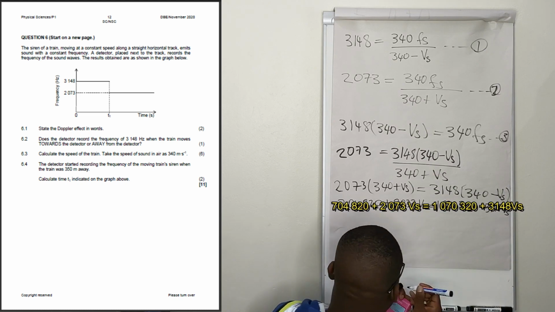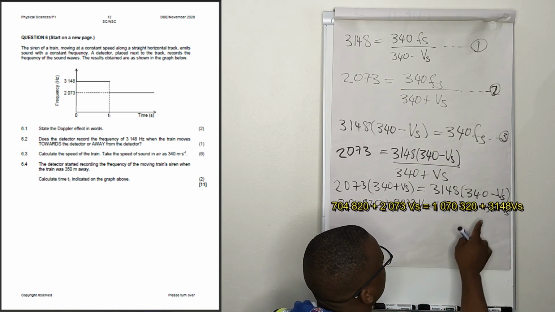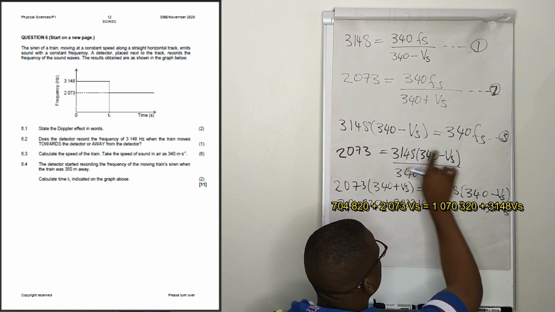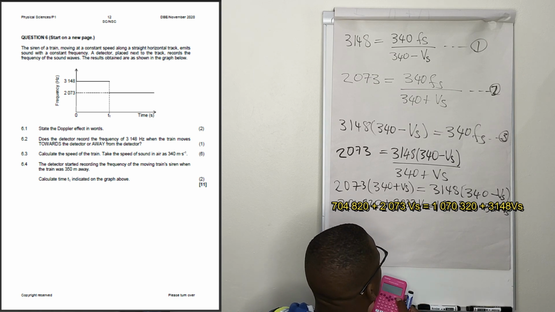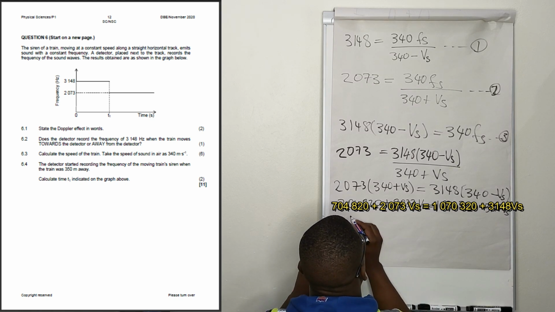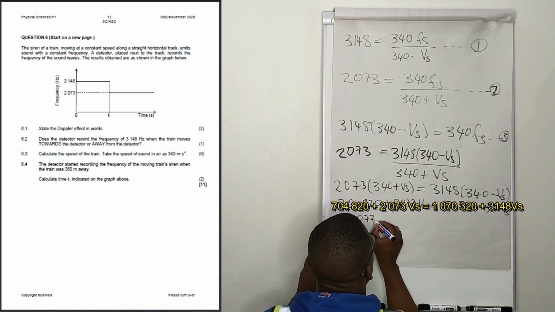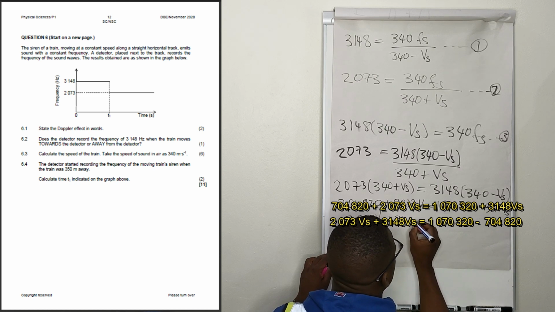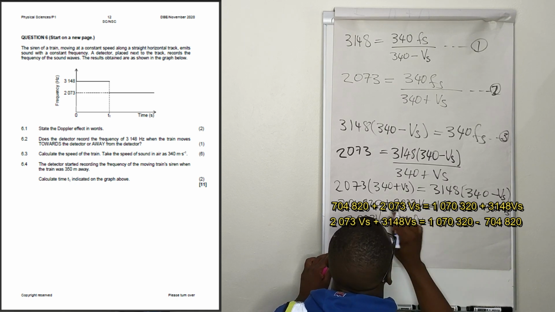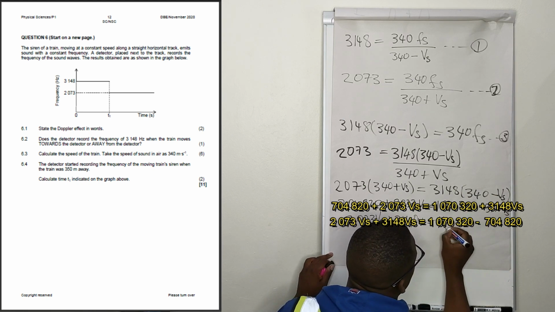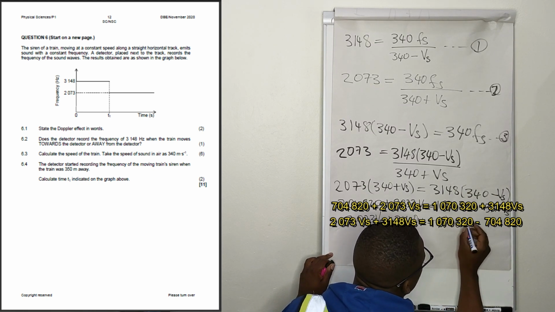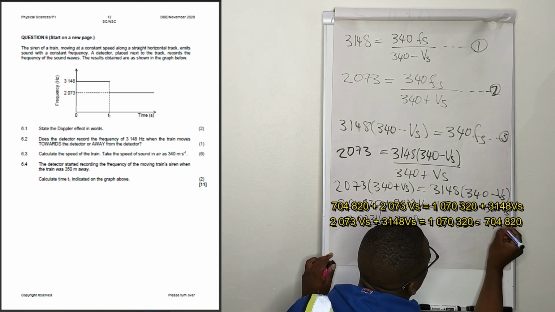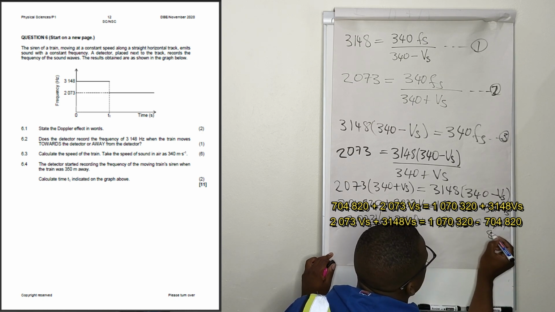Vs. So now group the Vs: transpose Vs to the left, and transpose 704,820 to the right. So what do we have? We have 2073 Vs plus 3,148 Vs is equal to, transposing this to that side, 1,070,320 minus 704,820.